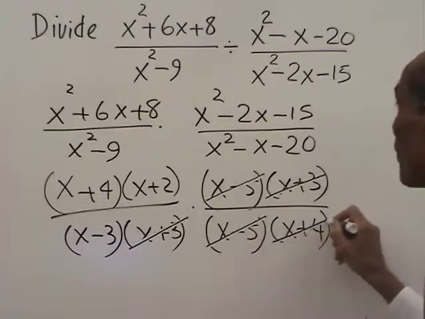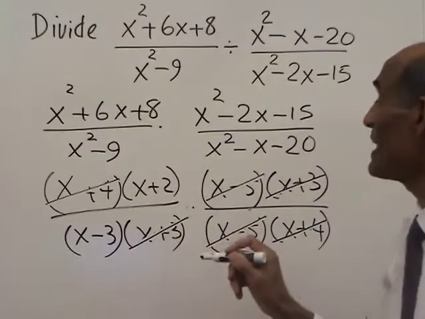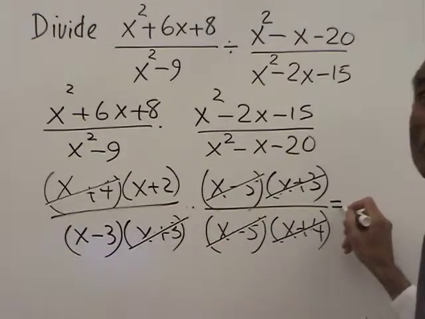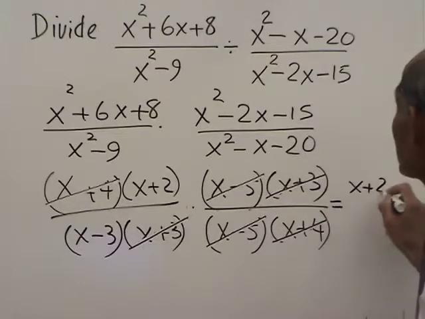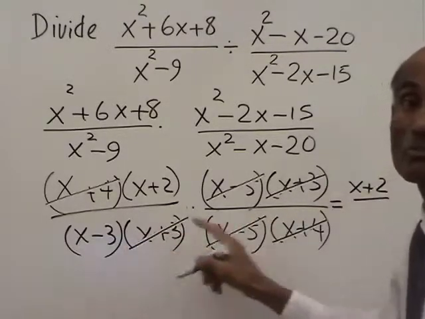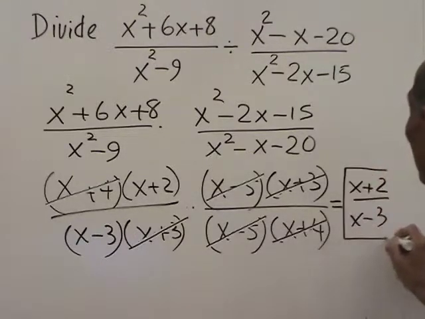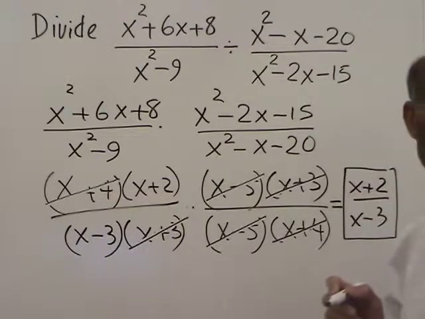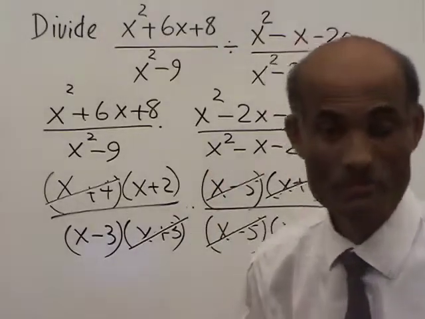X plus 4 cancels with x plus 4. What is therefore the answer? The answer is x plus 2 on the numerator and x minus 3 on the denominator. Alright, that is a beautiful problem. I hope you will be able to do problems like this.